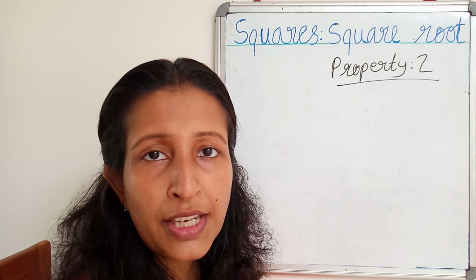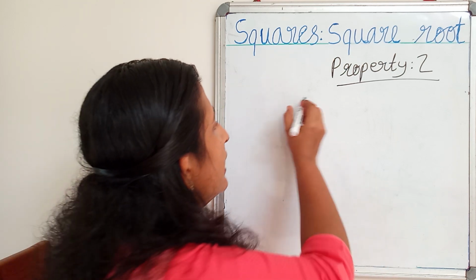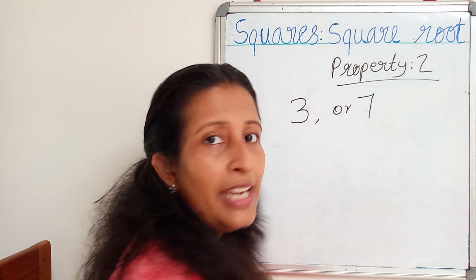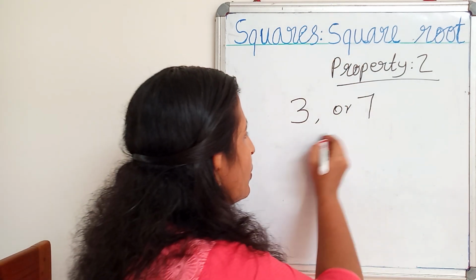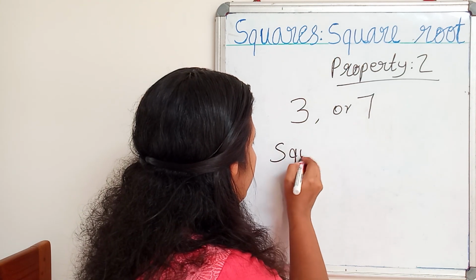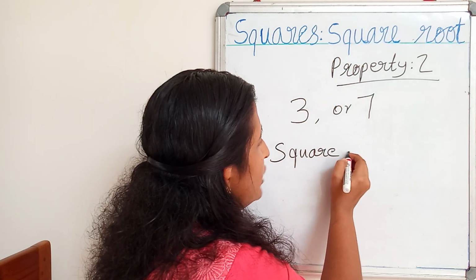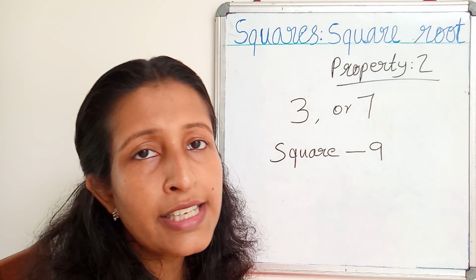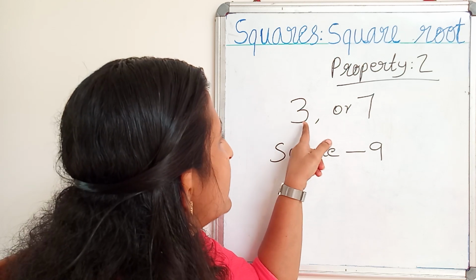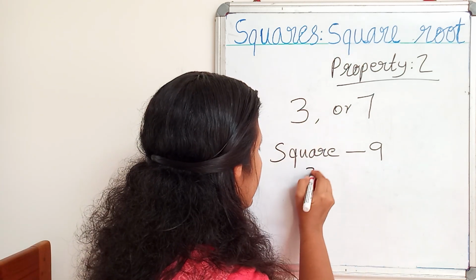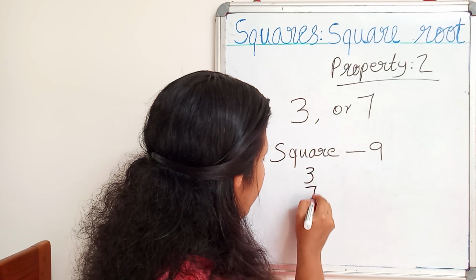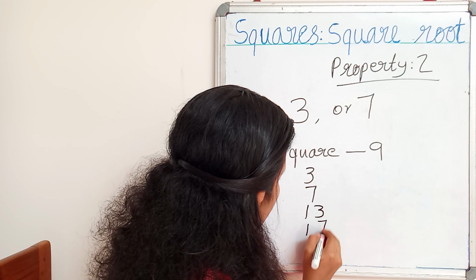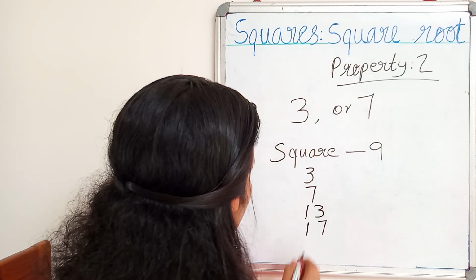Then one more property, if a number ends with 3 or 7 in its unit place, then its square should end with 9 in its unit place. So we can take some more examples. What are the numbers ending with 3 or 7? 3, 7, then 13, 17, then 23.